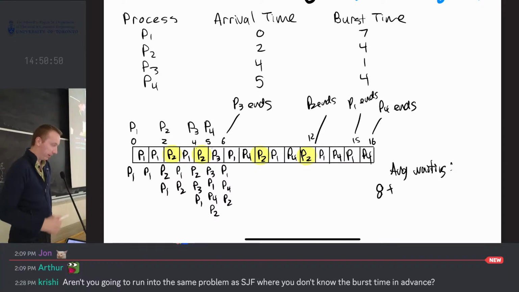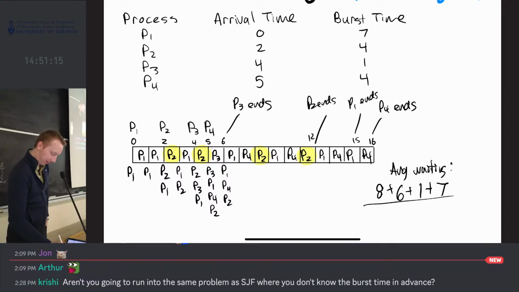P2 was done at 12, came in at 2, so it was hanging around for 10 time units, executed for 4 of those, so it waited for 6. Next one was P3. It came in at time 4 and finished at time 6, so it waited around for 1 time unit. Then the last one, P4, waited around for 7 time units. To skip a step, divide by 4, and we get 5.5.